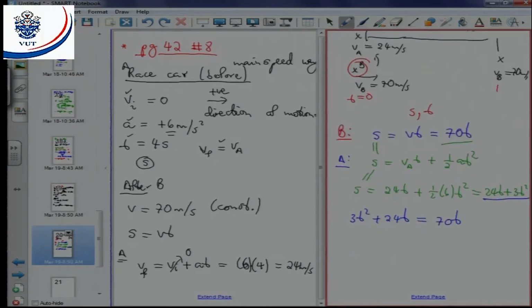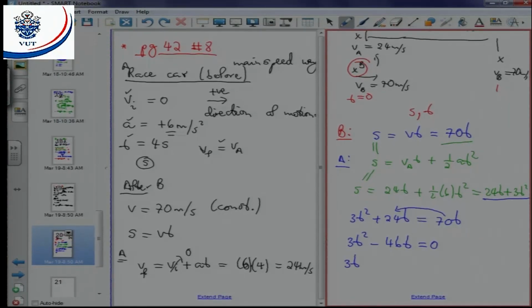And simplifying this, we get 3T squared. So 70 taken to the other side is negative, and 24 minus 70 is 46. So let's just see, 24 minus 70, yes, 46. So minus 46T equals 0.